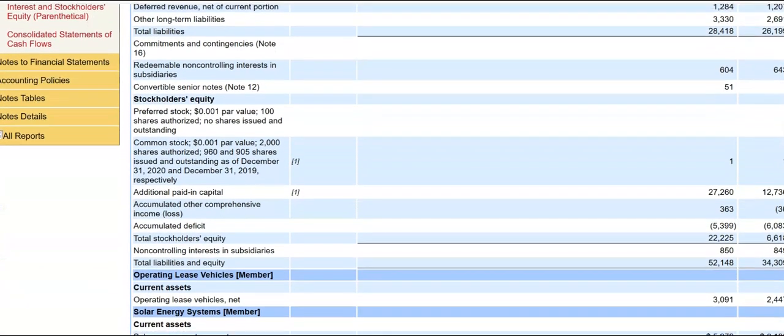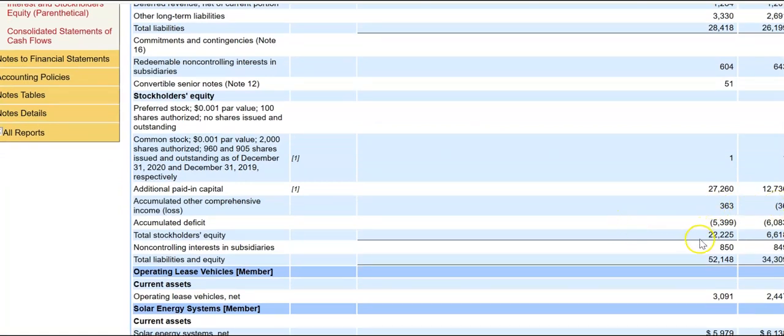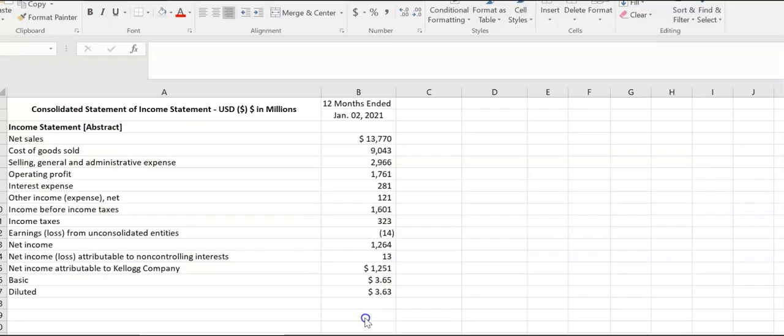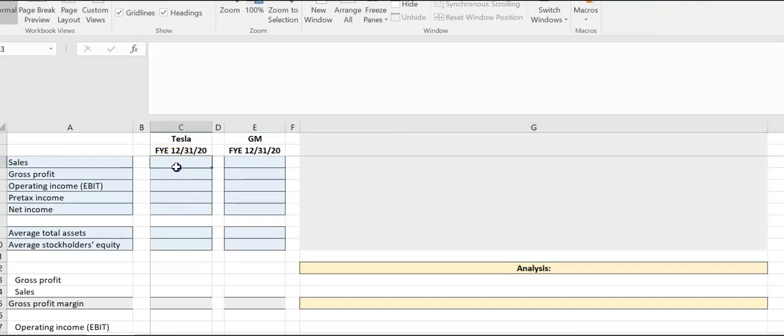So when we come down to the equity, let's take the total stockholders' equity and add back that non-controlling interest. So I'm going to update; I have my information in Excel. I'm going to copy over my Excel information for Tesla into my ratio analysis, these numbers here.